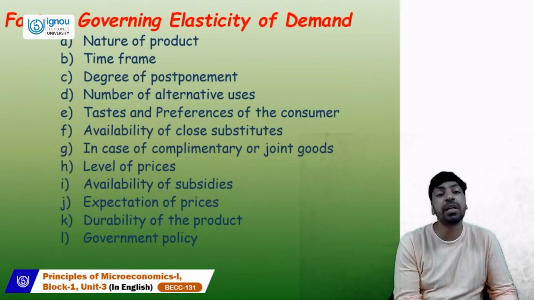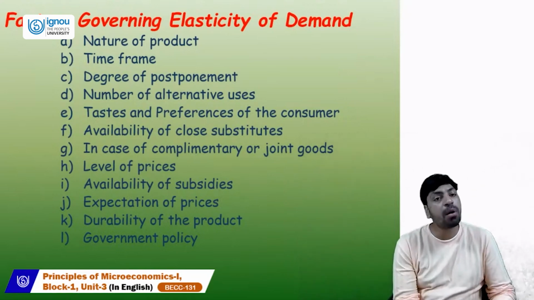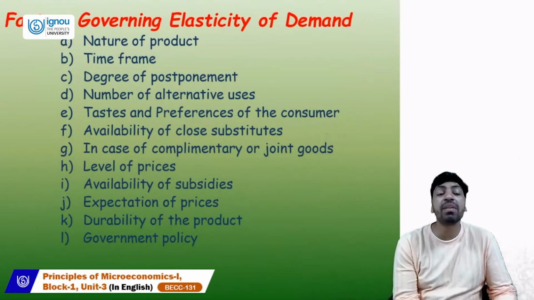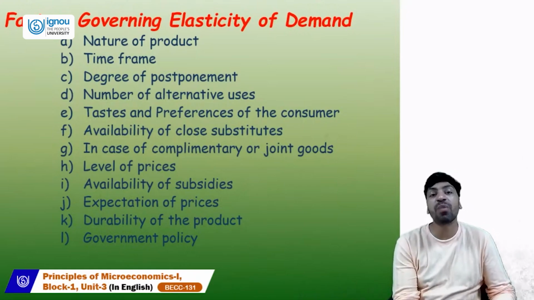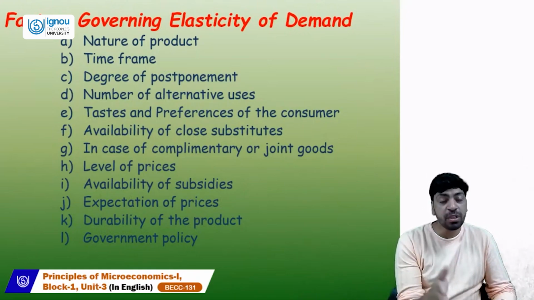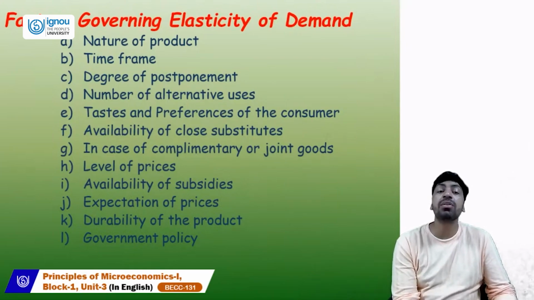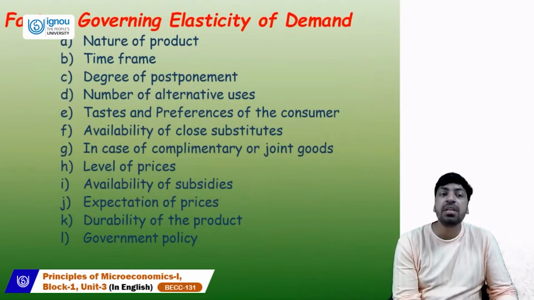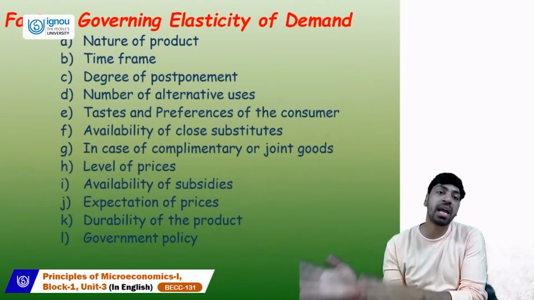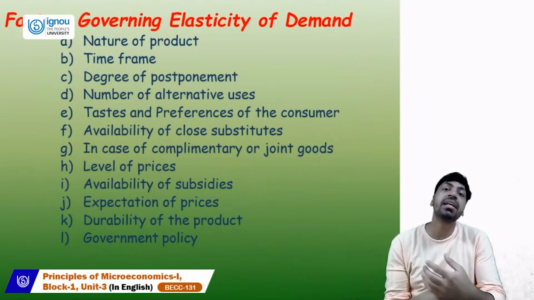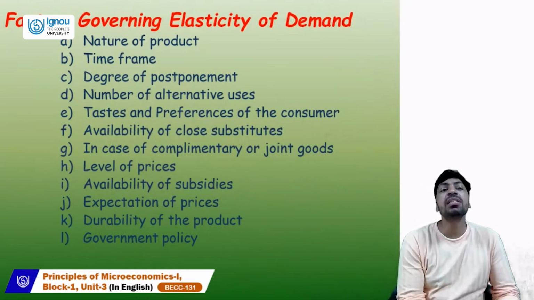It could be durable, perishable, a substitute, or a complementary good. When we talk about the substitute good, there is a negative relationship between the two similar products, which means the elasticity of demand would be negative. So depending upon the type of the product, the elasticity of demand will be measured.